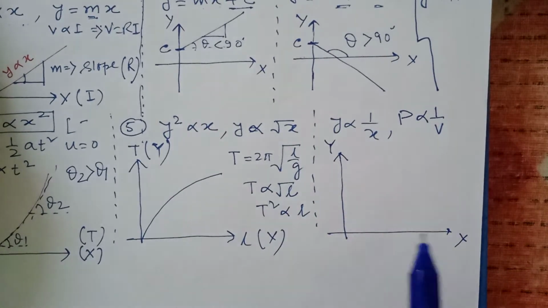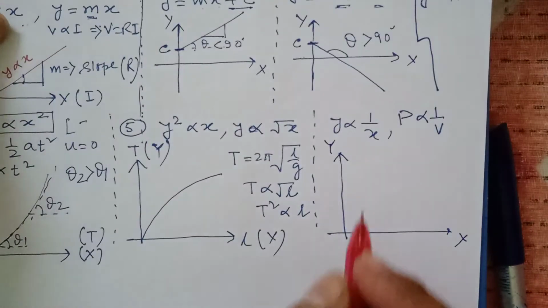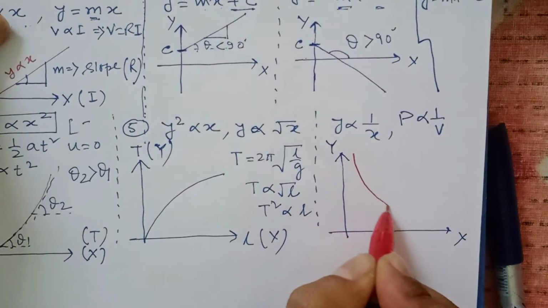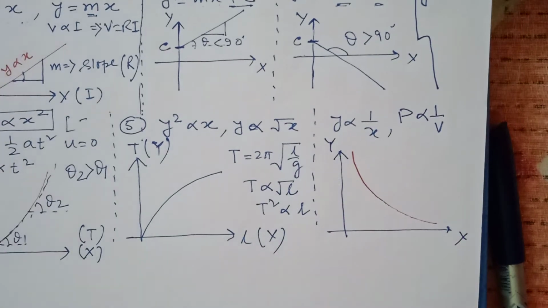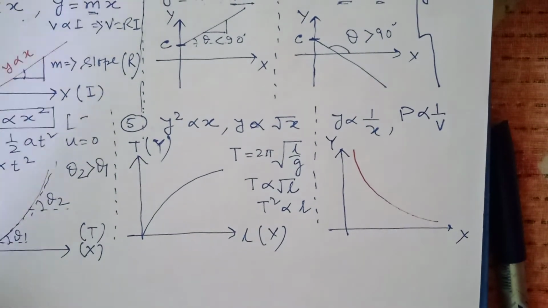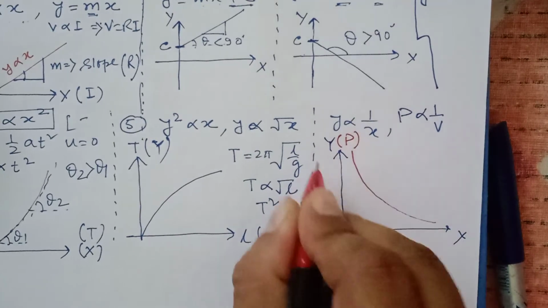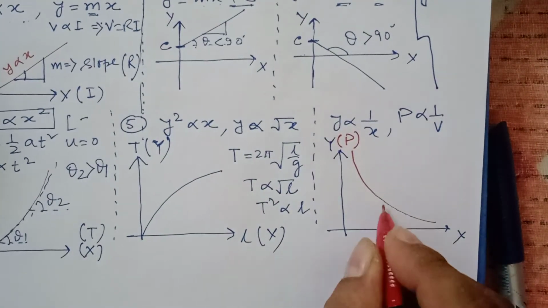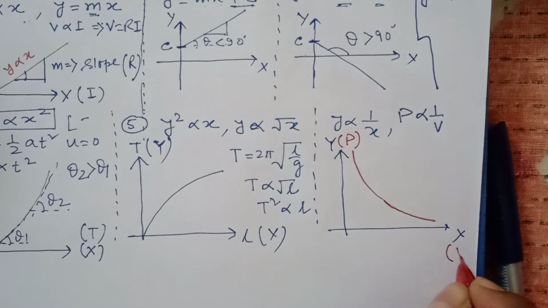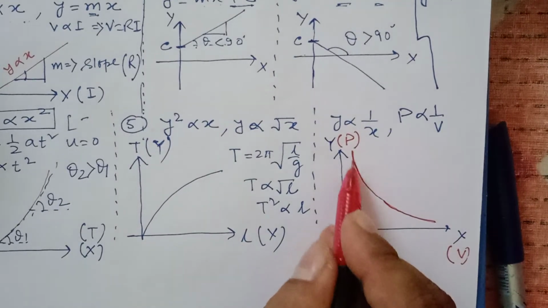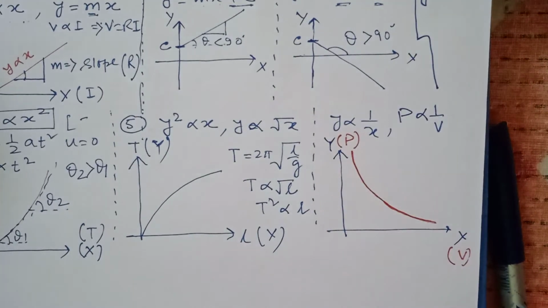Okay, so the nature of the graph will be a rectangular hyperbola. In this case, you can draw pressure on the y-axis and volume on the x-axis, and the graph will be a rectangular hyperbola.